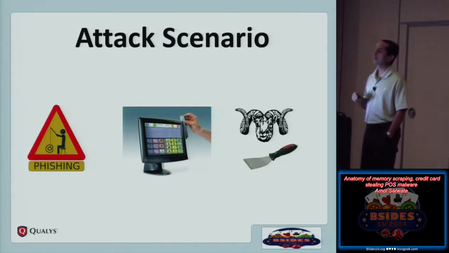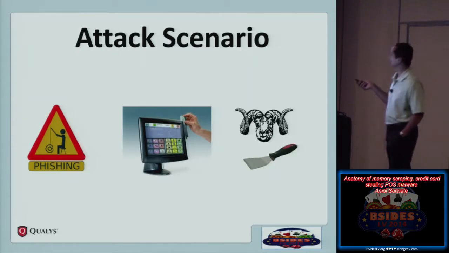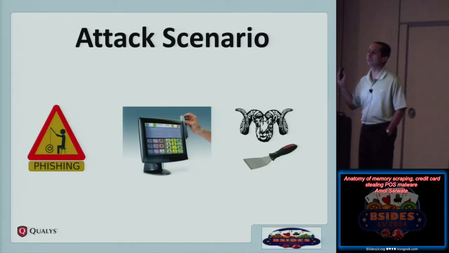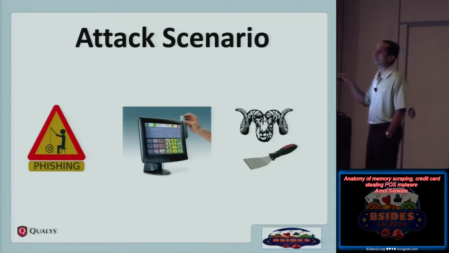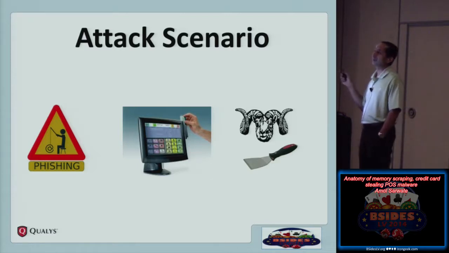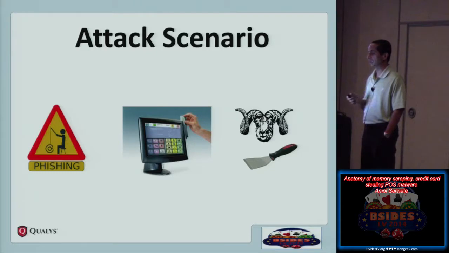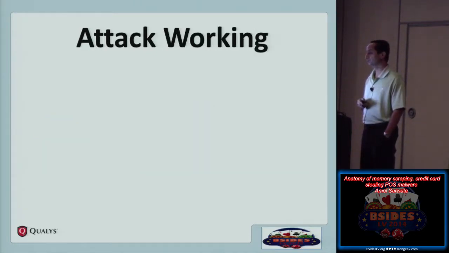And that's where the RAM scraper malware starts to work. It takes over the POS process and scrapes memory from that process, or possibly does that continuously from the entire RAM of the machine to check for credit card numbers. And we'll see shortly how that can be achieved. So this is the attack scenario.